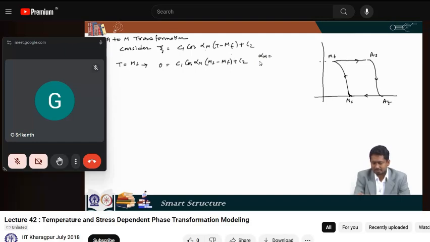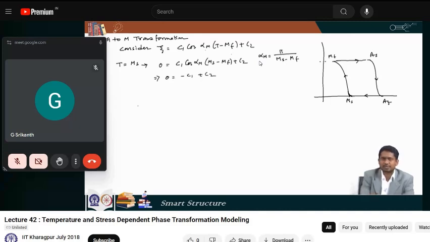Alpha m is pi by (MS minus MF), so this quantity is just cosine of pi, so this becomes 0 is equal to minus C1 plus C2, because cosine of pi is minus 1.